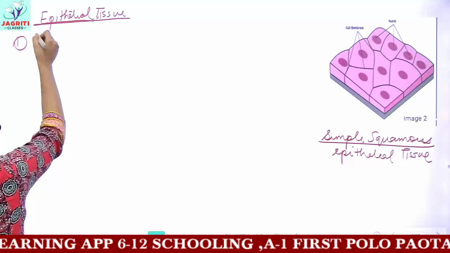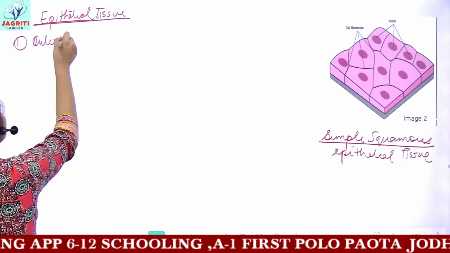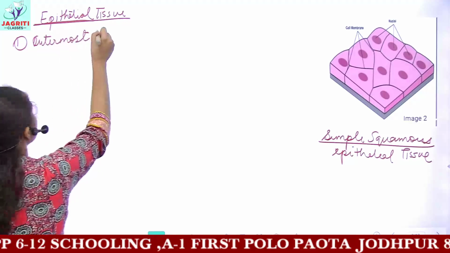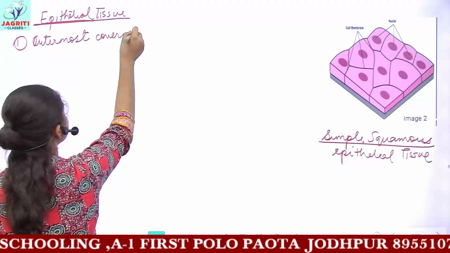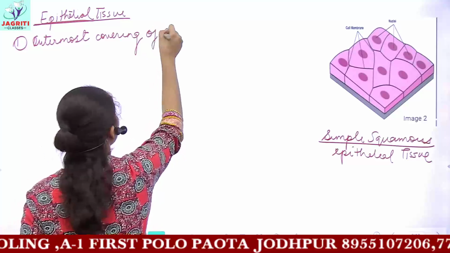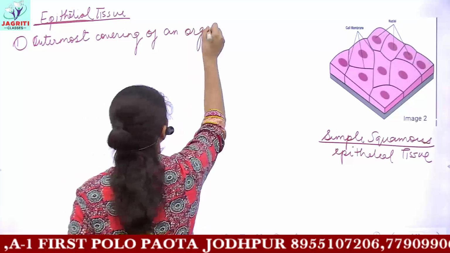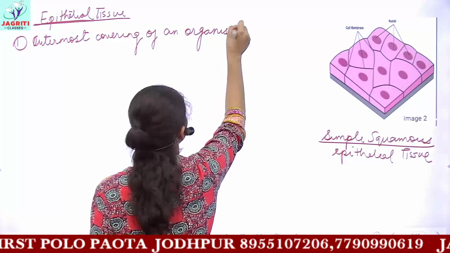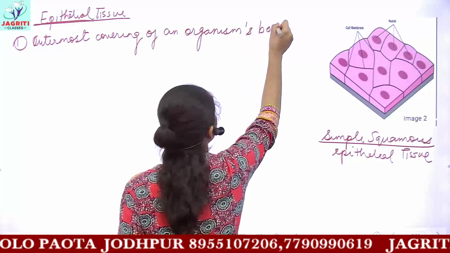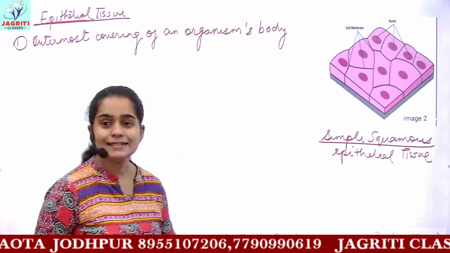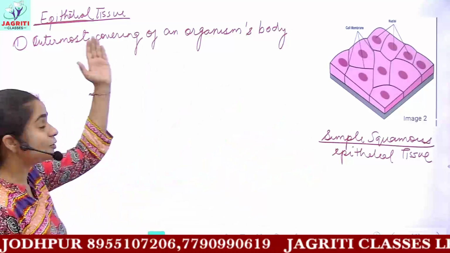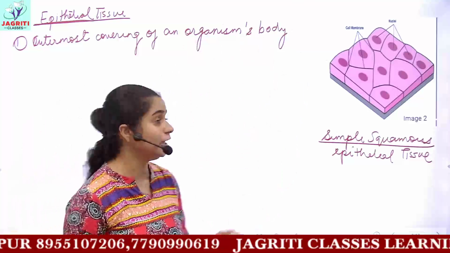So the first point: epithelial tissue forms the outermost covering of an organism's body.